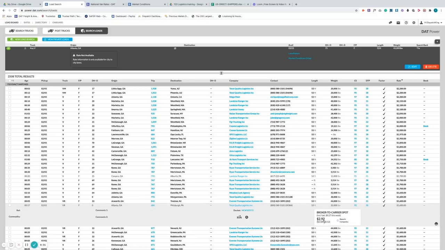So this right here, y'all, this is gonna be y'all's best friend. This is telling me that you need to at least be asking for $2.92 a mile when you call that broker. So for all y'all that don't know how to negotiate, this is what you need to be asking for when you call that broker.